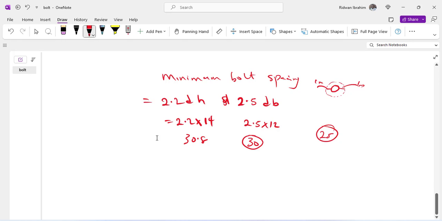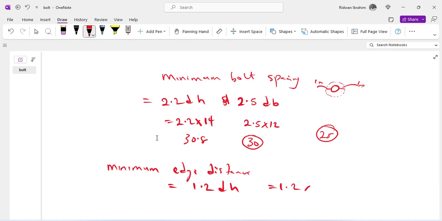So what is our minimum edge distance? The formula for minimum edge distance is 1.2 dH, which is the diameter of hole. So 1.2 multiplied by the diameter of hole, which is 14, right?